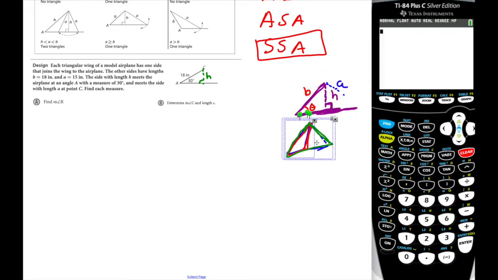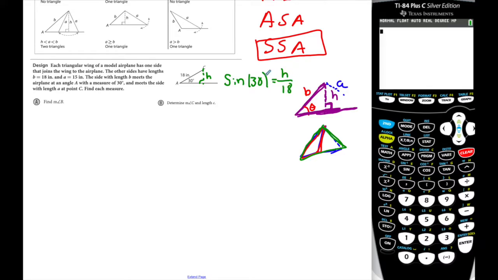I know that the height is opposite the 30-degree angle, and 18 is the hypotenuse. So I know that the sine of 30 equals h over 18. Sine equals opposite over hypotenuse. So 18 sine 30 is equal to h.